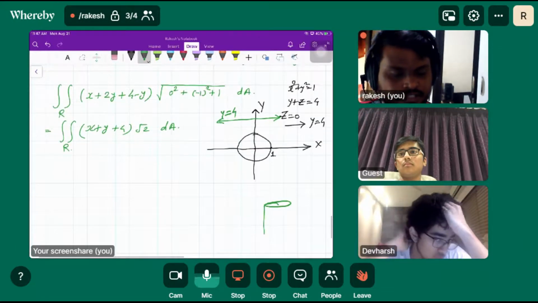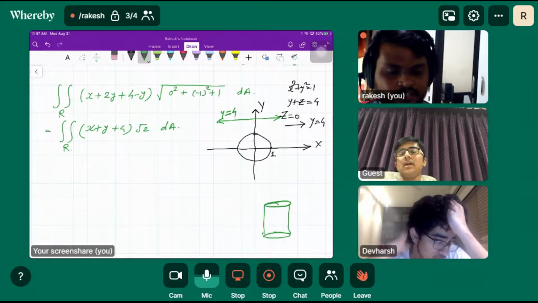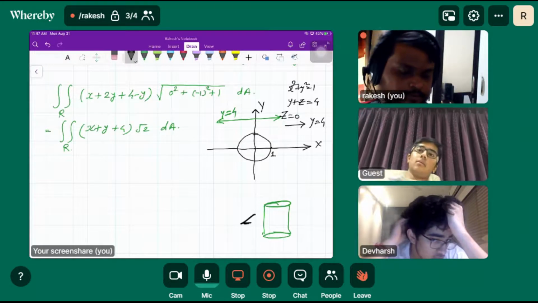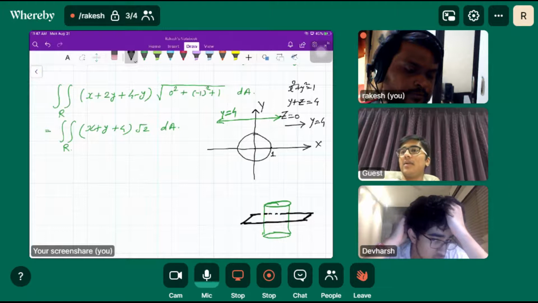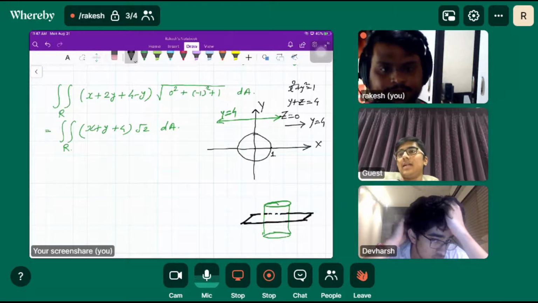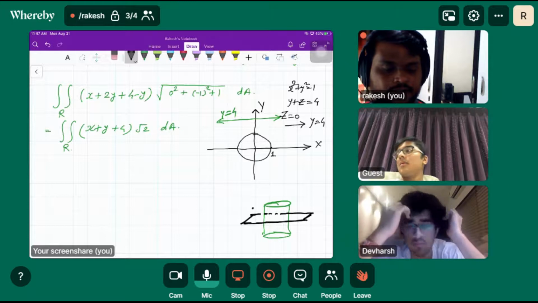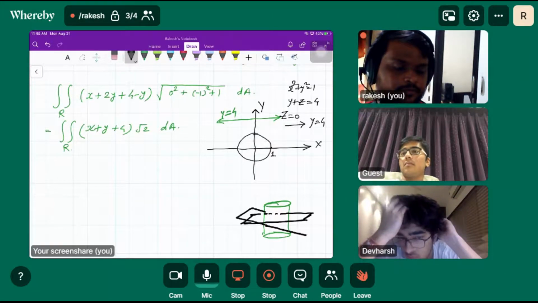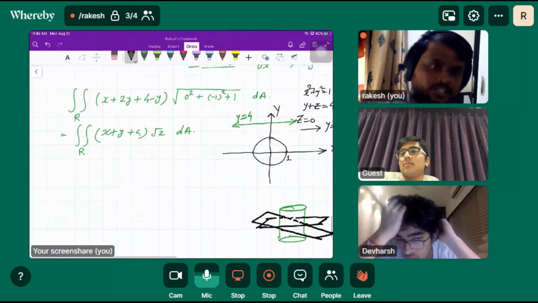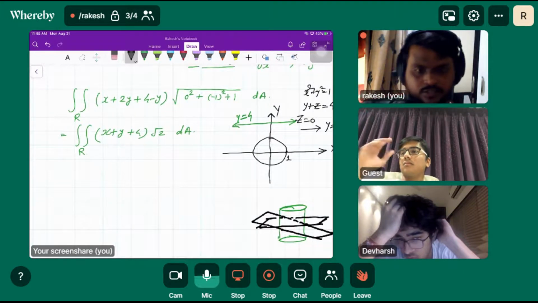You can think like this. Suppose this is the cylinder. The plane will intersect. The intercepts are y equal to 4 and z equal to 4, right? It may be oblique, doesn't matter. So that's the concept here.